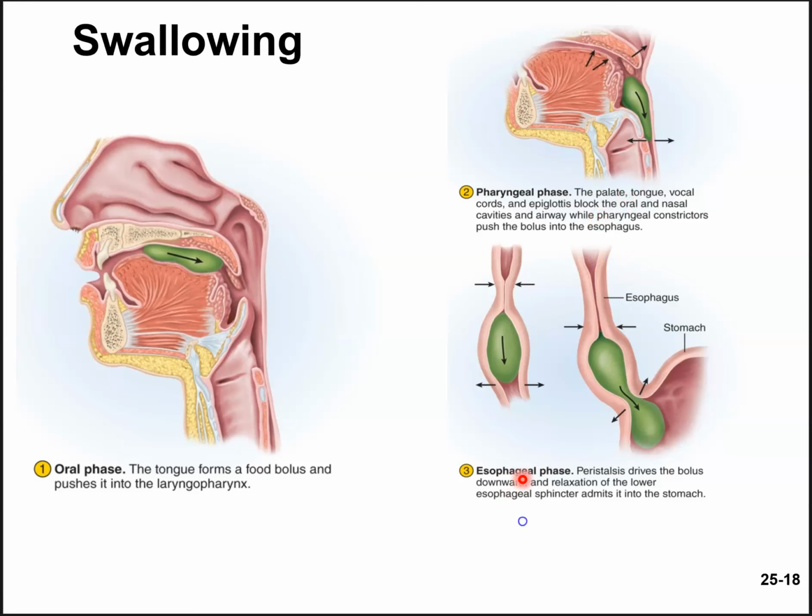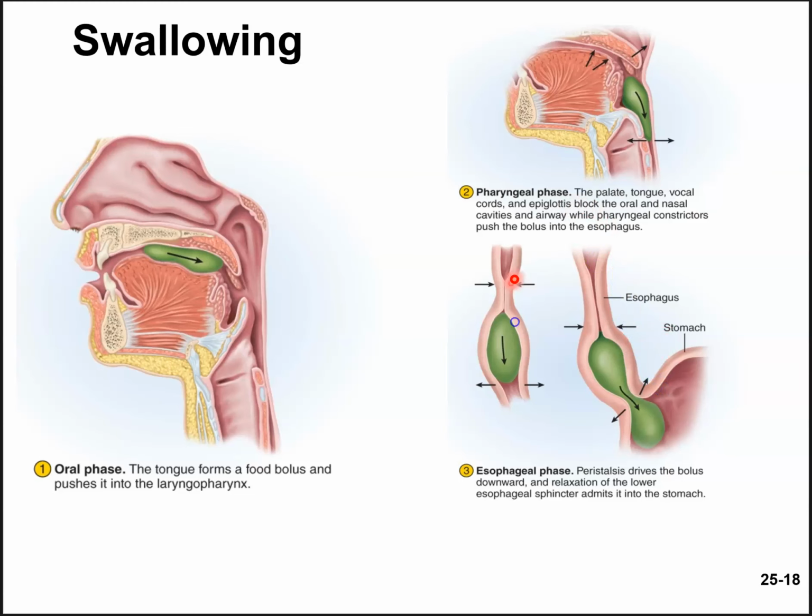And the third stage is the esophageal stage. This is also an involuntary stage where the esophagus performs peristalsis. The esophagus on the top part has a mixture of skeletal and smooth and elastic tissues, but in the bottom, as we go down towards the stomach, it has mostly smooth muscles which are controlled by the brainstem and the enteric nervous system that is present in the esophagus.